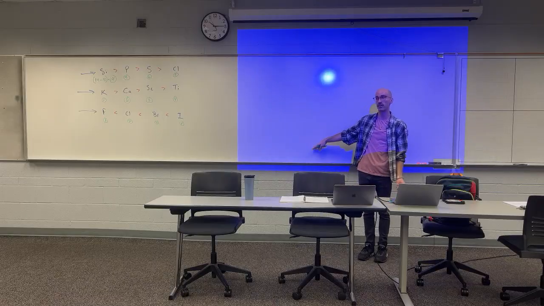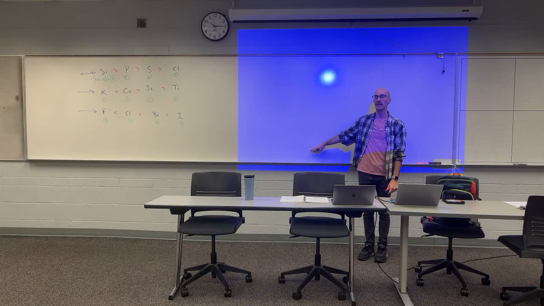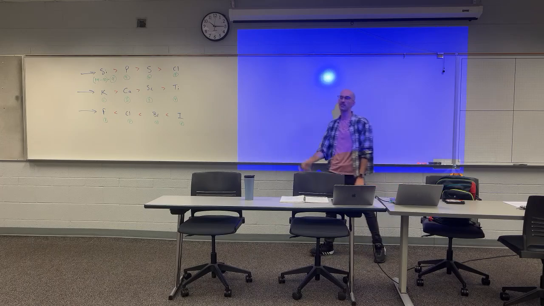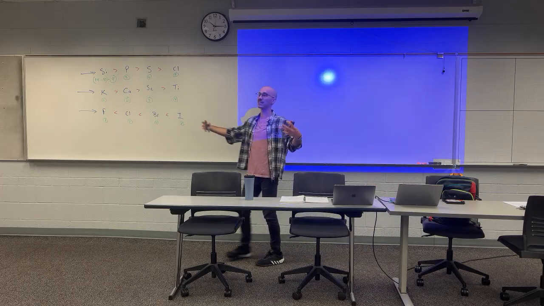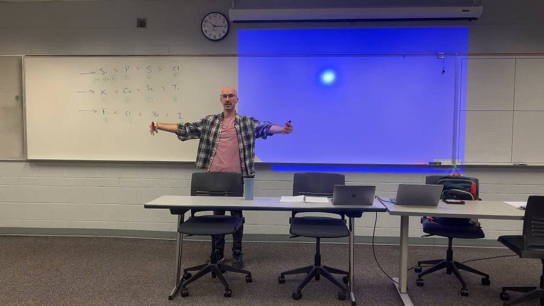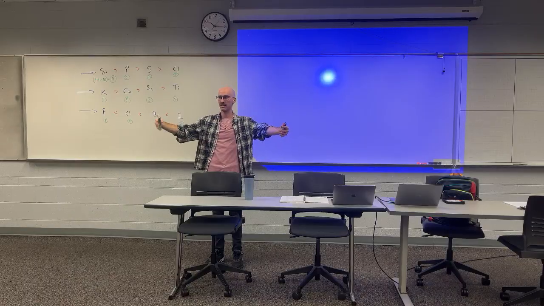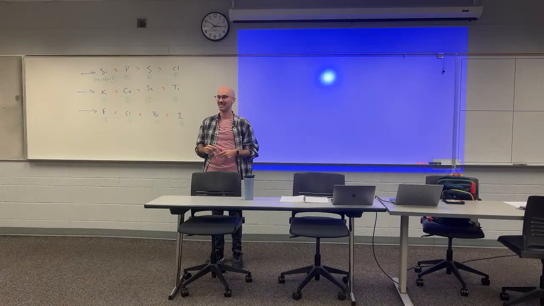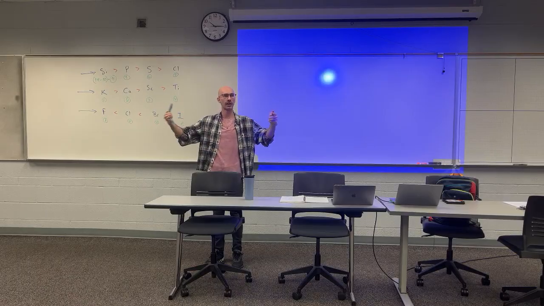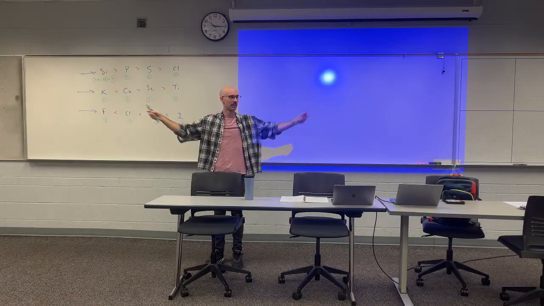It's the lowest on the periodic table, that's true. It has the most protons, but protons don't make up the atom size. It's the electron cloud that makes up the atom's size. It's got all those extra electrons in larger and larger shells.